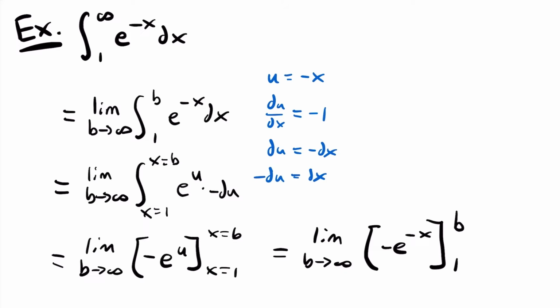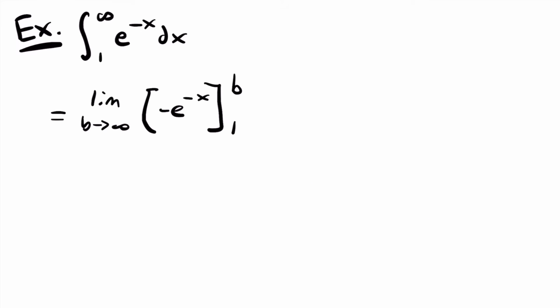And now if I clean up my work here, we can evaluate this expression at b and subtract the evaluation at 1, and then we can evaluate our limit. So this will be equal to the limit as b approaches infinity of negative e to the power of negative b minus negative e to the power of negative 1.